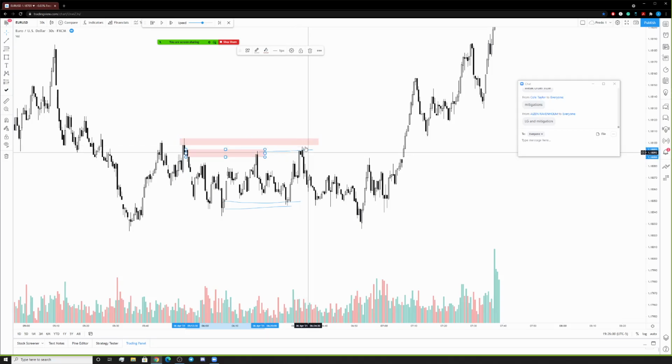What is this? Disruption, exactly. So order flow disruption, but the order flow disruption is not mitigating anything, and it's still continuing lower. So what is this called?